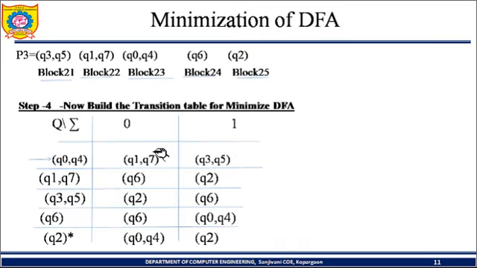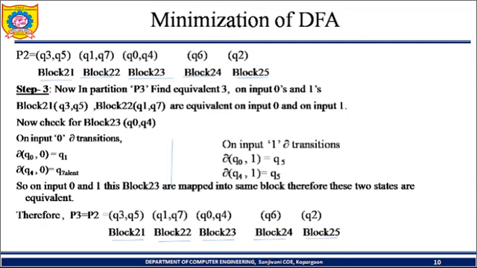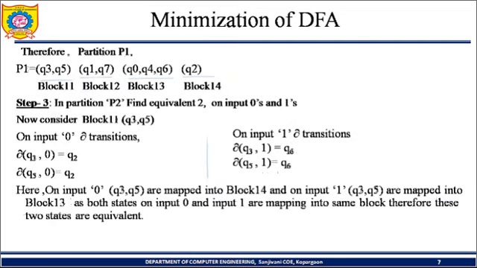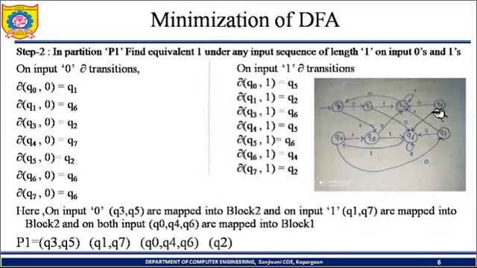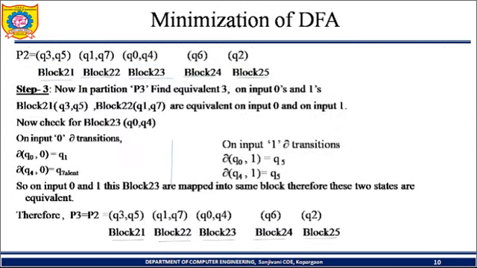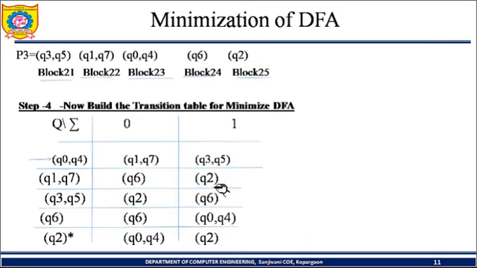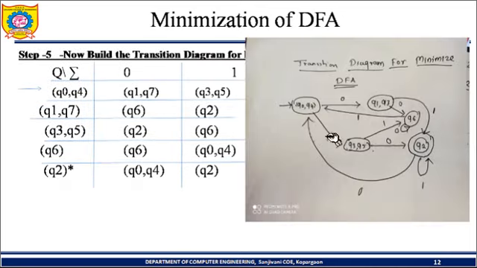Same with Q1 Q7 after reading 1: Q1 after reading 1 goes to Q2, and Q7 after reading 1 goes to Q2. So that's why we have written it as Q2. Now, with the help of this transition table, we need to draw the transition diagram.